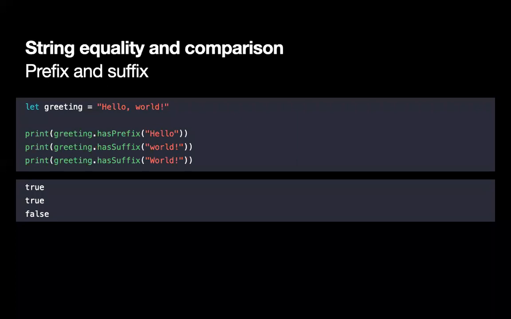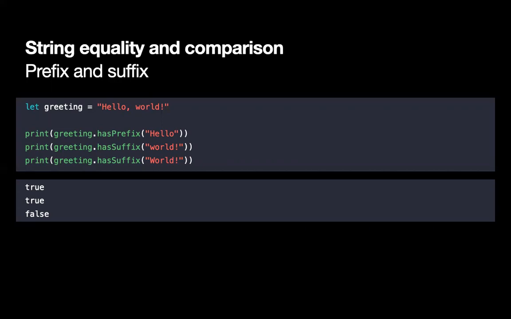Now the next concept is string comparison, where by use of prefix and suffix, you can see we have taken one constant greeting having the string hello world, and if you print greeting dot hasPrefix hello, it is checking for the prefix.